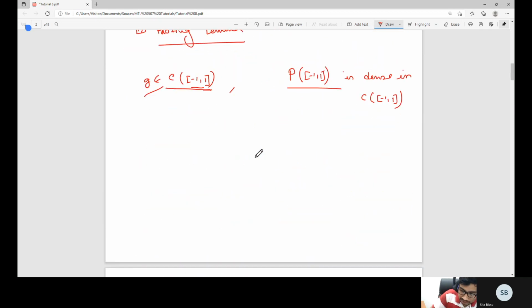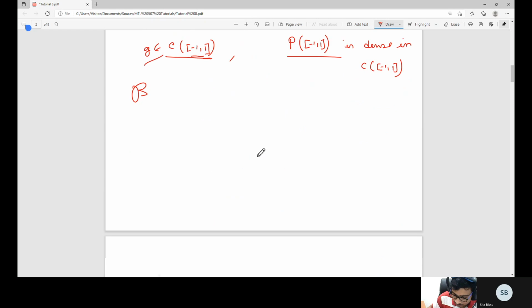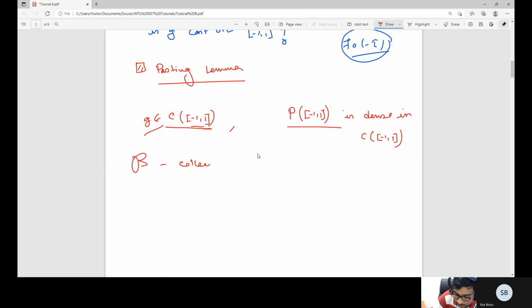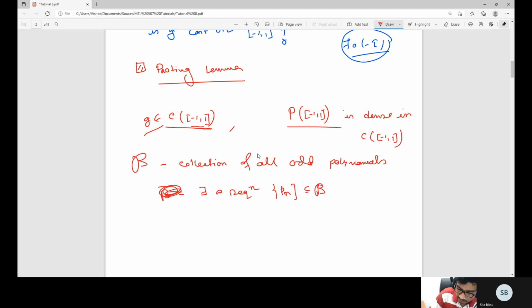In other words, if we take B to be the collection of all odd polynomials, then we have to prove that there exists a sequence P_n subset of B such that the norm of P_n minus f converges to 0.